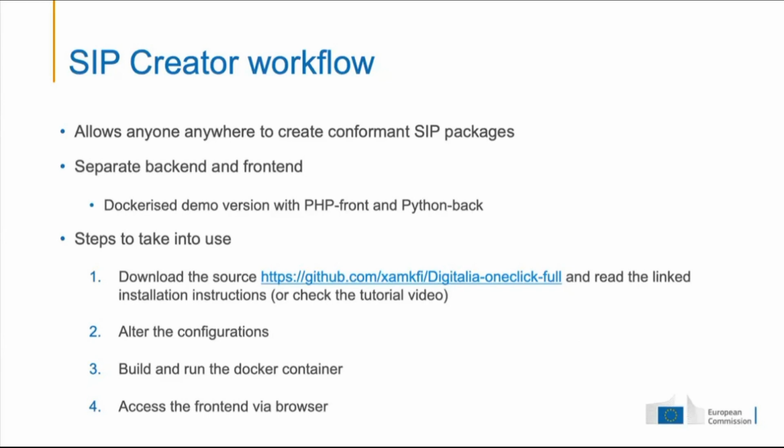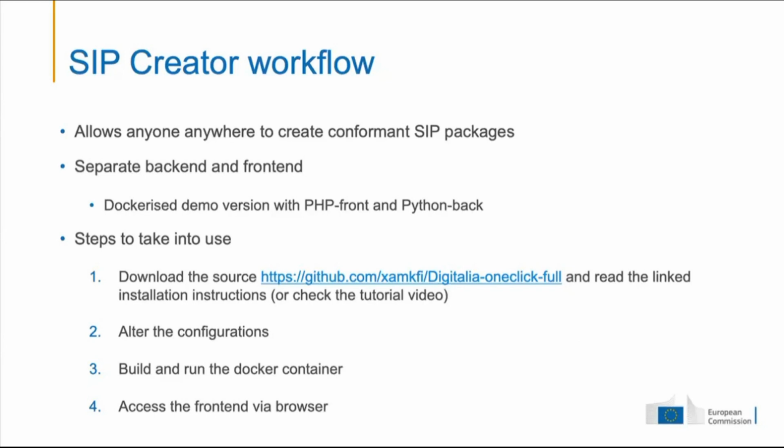So it's basically a drag and drop solution with separate backend and front end. For this demonstration, which you will have the link to on the next slide, there is a PHP front end and Python backend, but it has been designed and implemented in such a way that the backend also works without a UI.